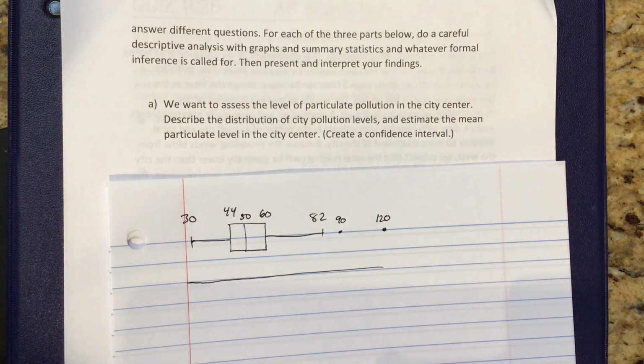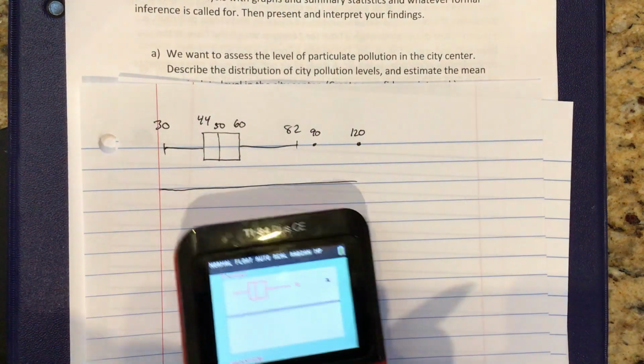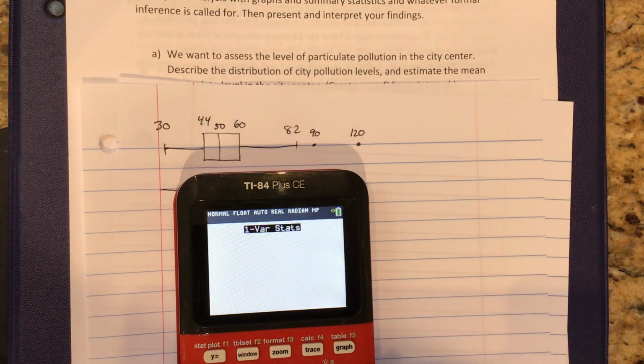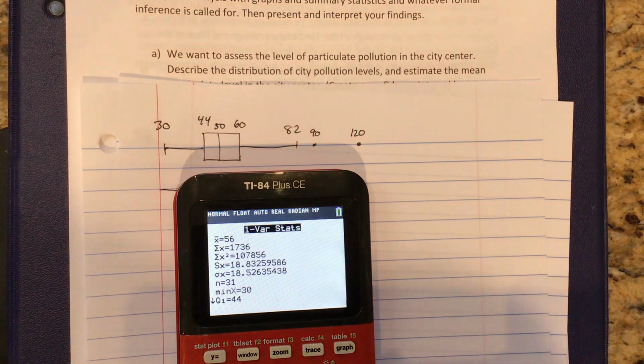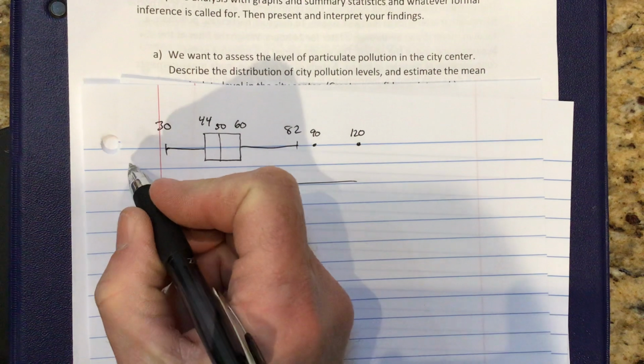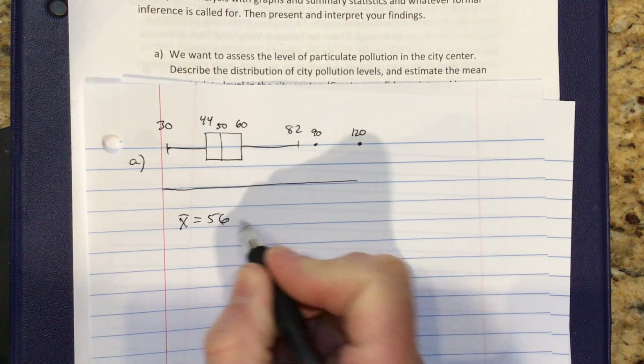Let's do some one variable stats on this. And there we have it. Letter A. X bar is 56.